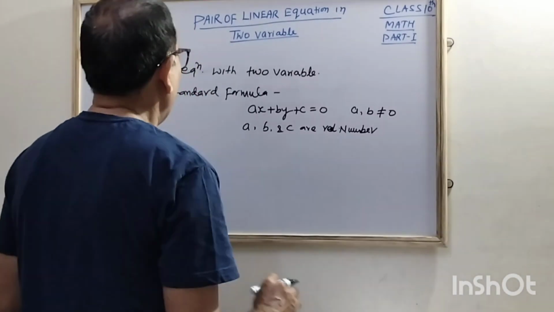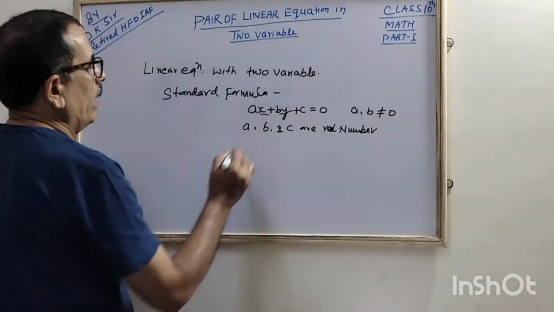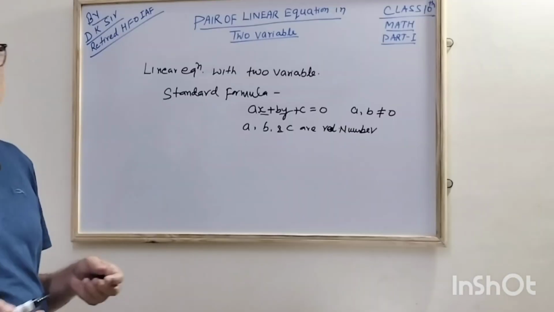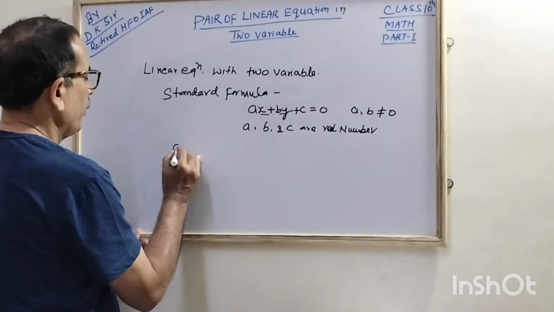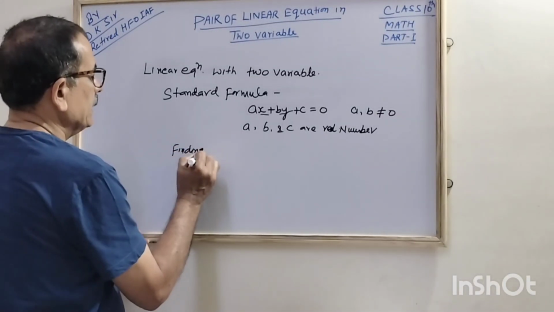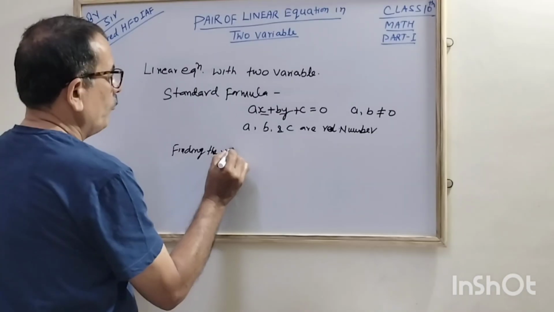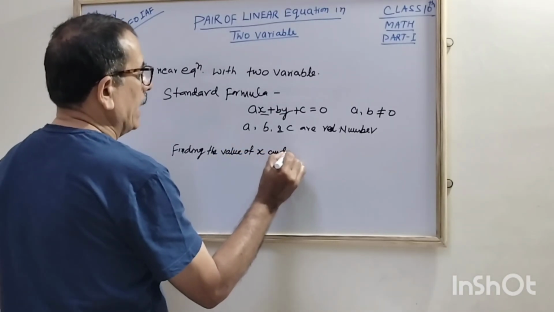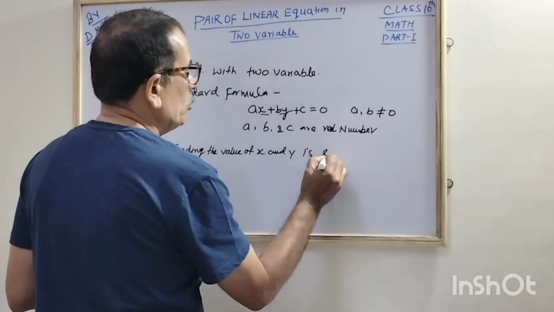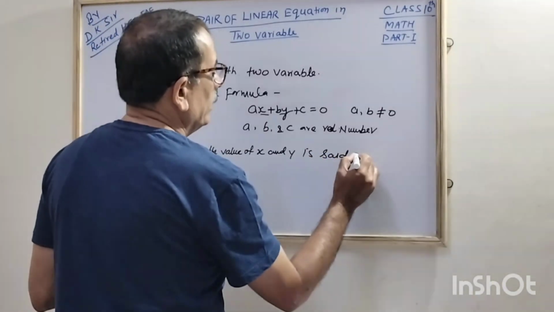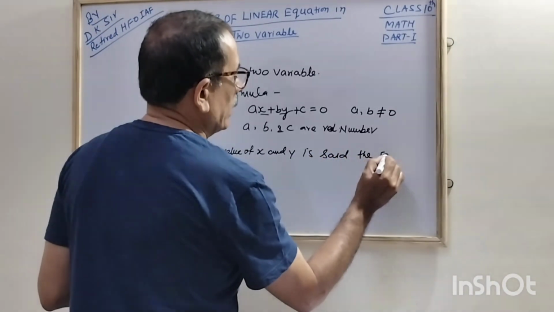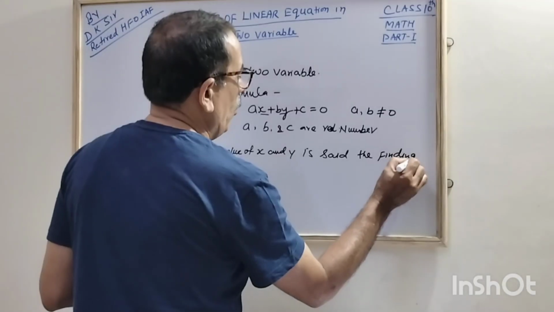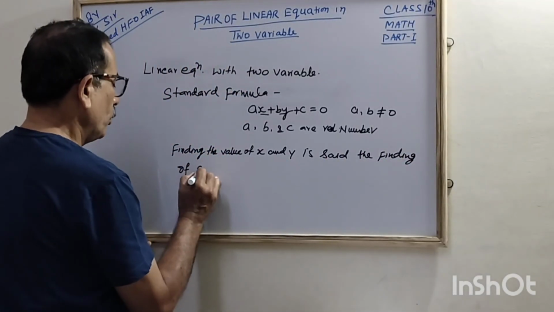When we try to find the value of x and y, we say it is a solution. Finding the value of x and y is said to be the finding of the solution, correct?